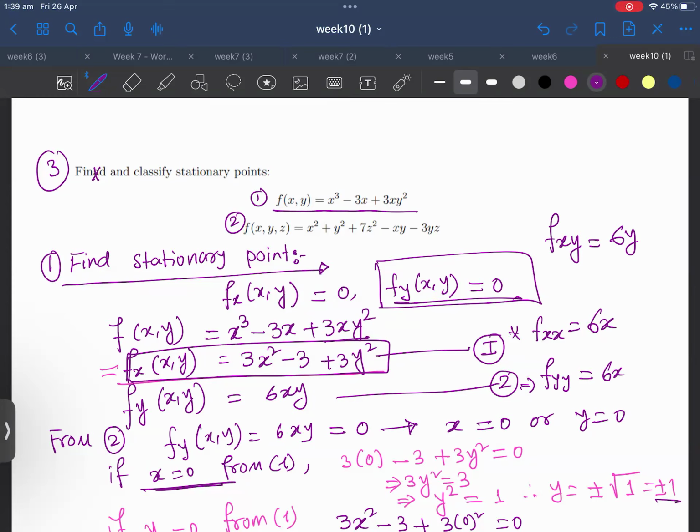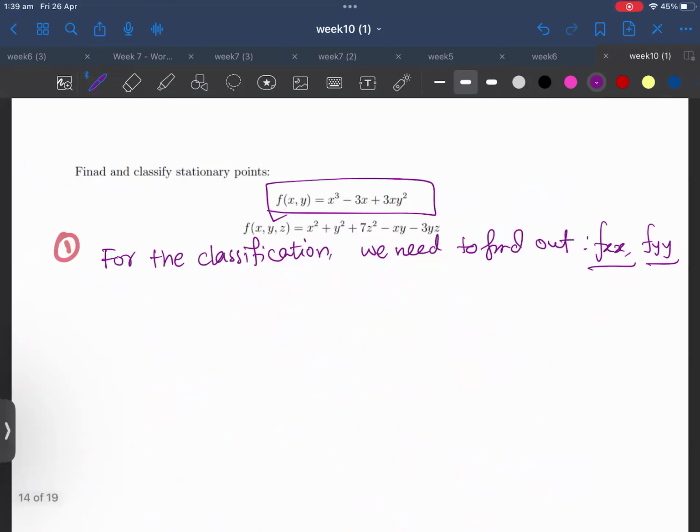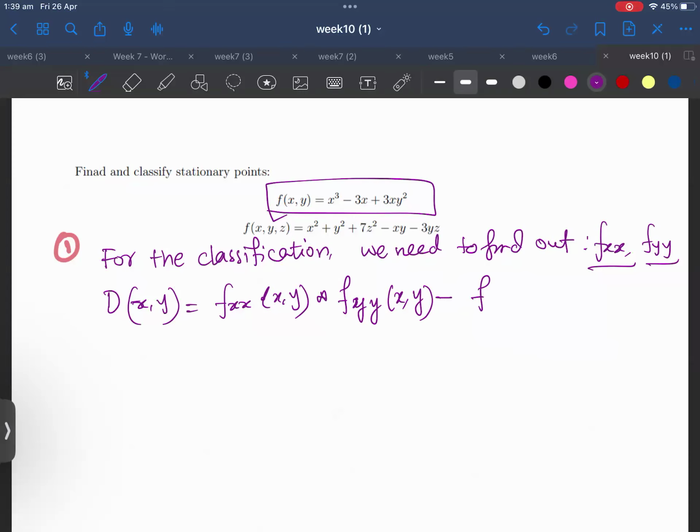Now you need to find the determinant. You can write down D equal to f xx times f yy minus f xy squared.